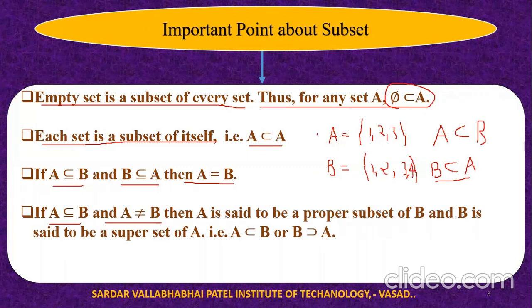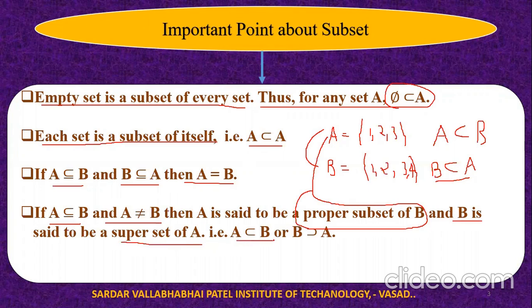So A ⊆ B but A is not equal to B, then A is a proper subset of B, and B is a superset of A. It is denoted by A ⊂ B, and that means we can say A is a proper subset of B.